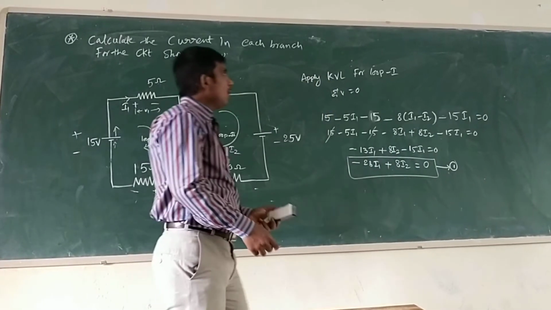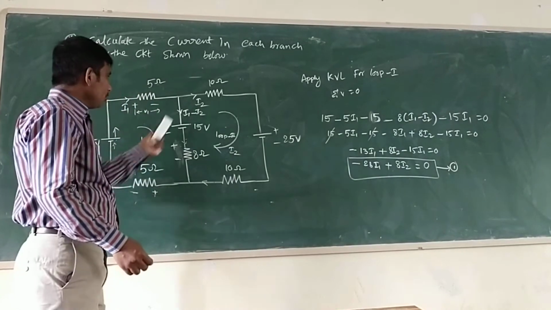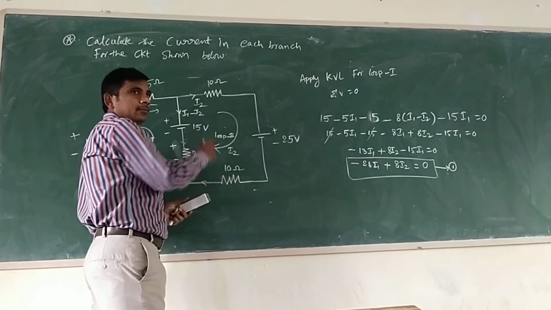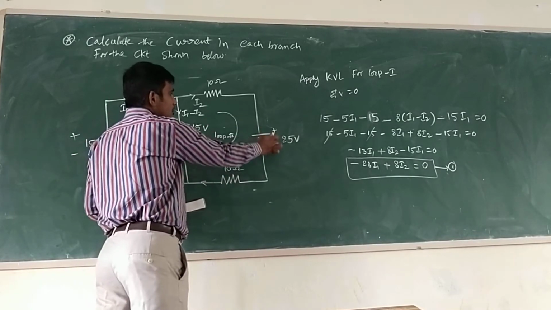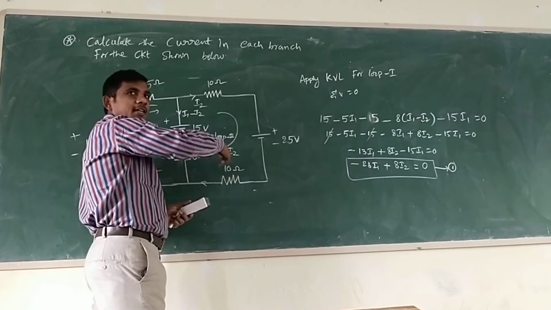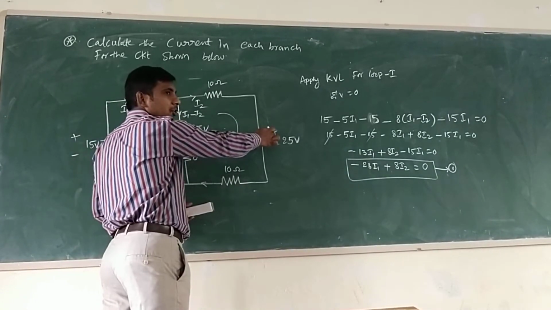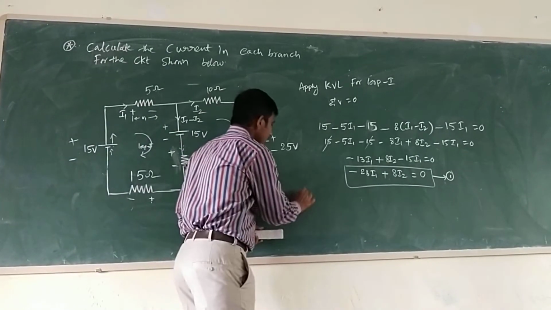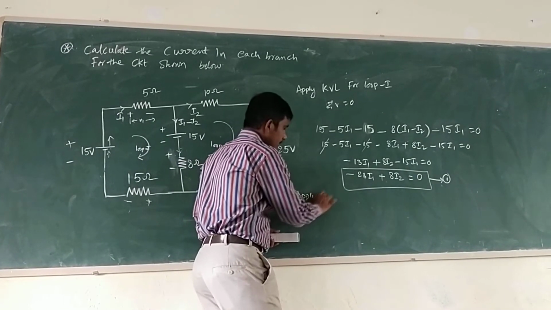Now we are applying loop 2. For applying loop 2, the current we assume in loop 2 is I2. I2, how it moves? Plus to minus it is moving. Current assumed in clockwise direction, current entering at positive, leaving at negative. Coming to this, minus 25. Apply KVL for loop 2.